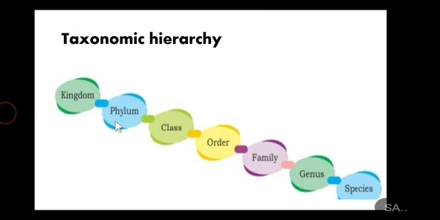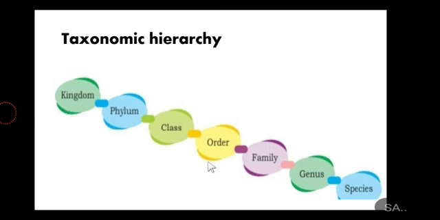So remember that phylum is used to indicate the group of animals, while division is used to indicate plants. And then you have the kingdom. So the species is the smallest group of organisms here, while the kingdom is the biggest group in this hierarchy.